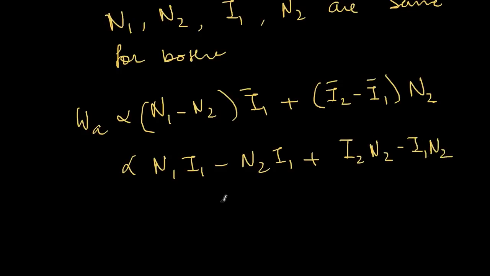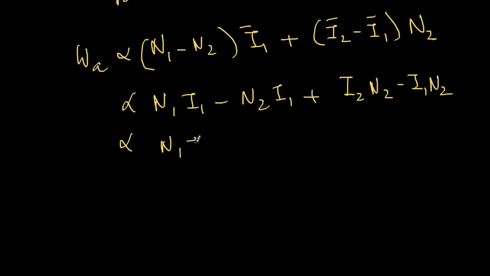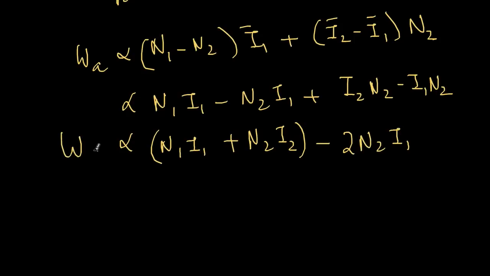N1 I1 plus N2 I2, and this term and this term are both the same, so I get minus 2 N2 I1. So this is the weight of the auto transformer.